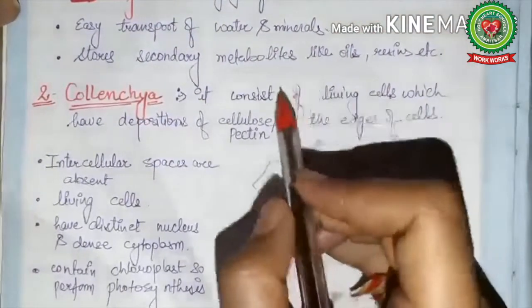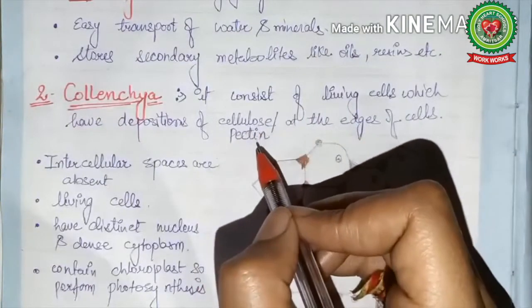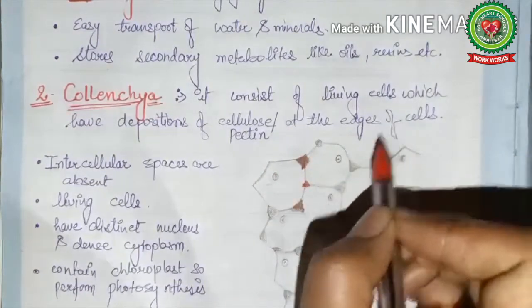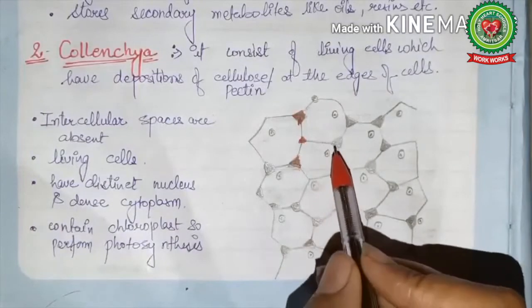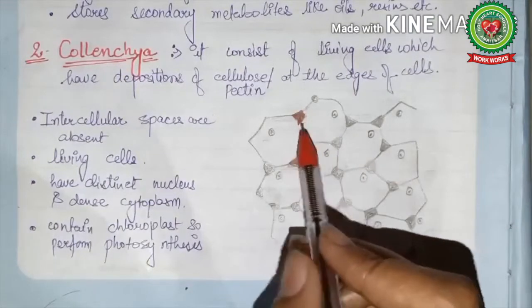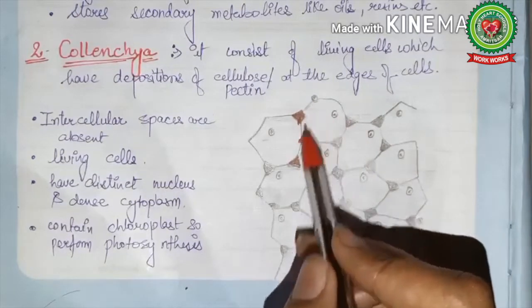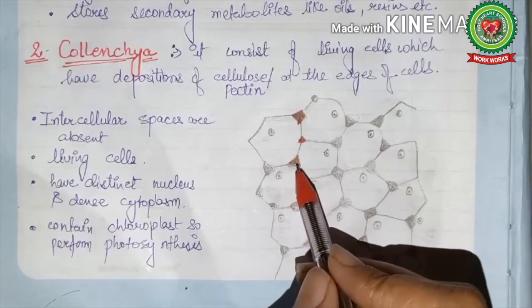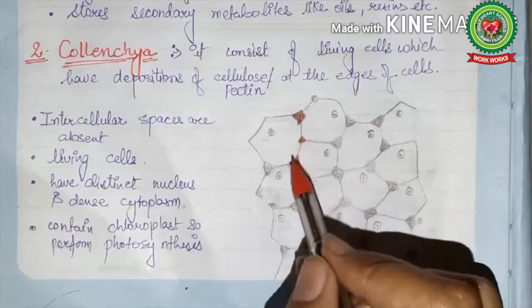Collenchyma consists of living cells which have deposition of cellulose or pectin or hemicellulose at the edges of cells. You can see in this diagram, at the edges or the corners of cells here, where intercellular spaces should be present, instead of intercellular spaces, deposition of pectin, cellulose or hemicellulose is present, due to which these cells are compactly packed.